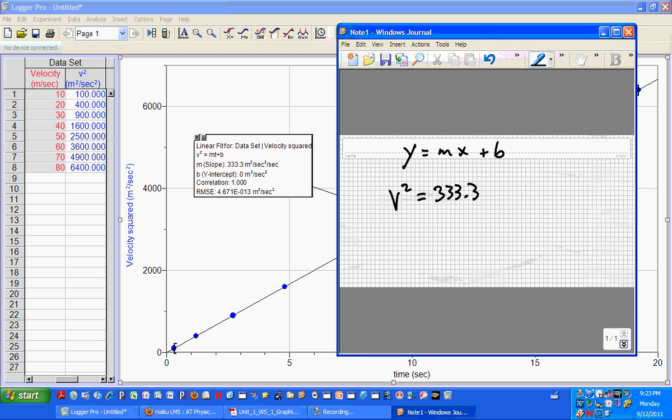I got to address these units. Let's go ahead and do this now. I've got meters squared over second squared, and that's over seconds.